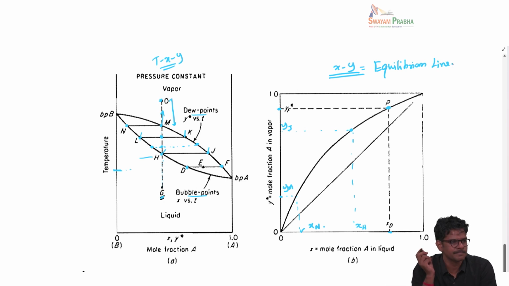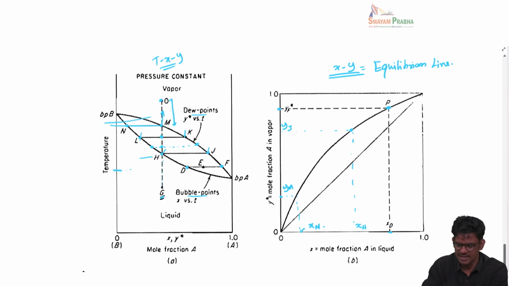Sorry, repeat, xy meaning? Okay, so what I am saying is, you understand what a Txy diagram is? The Txy diagram is obtained by taking this constant pressure line, and then you get this two-phase equilibrium region. Here I can draw many tie lines within this two-phase region, not vertical, but horizontal lines.